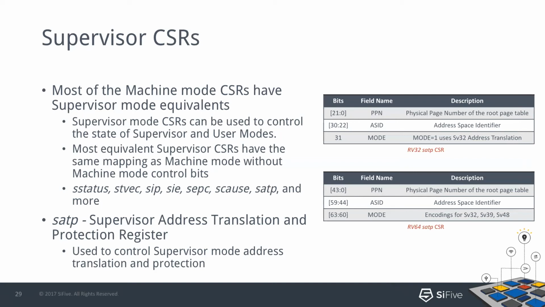In the SATP CSR, the mode field would indicate the type of virtual memory mode you are in. If it's 0, that would indicate that you are not using address translation. If it is equal to 1, then that would indicate that you are using SV32 virtual memory modes. This register also encodes the physical page number of the root page table as well.